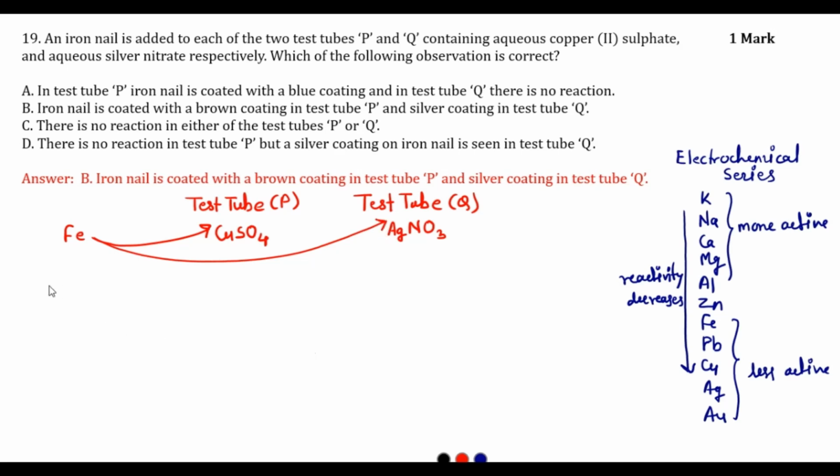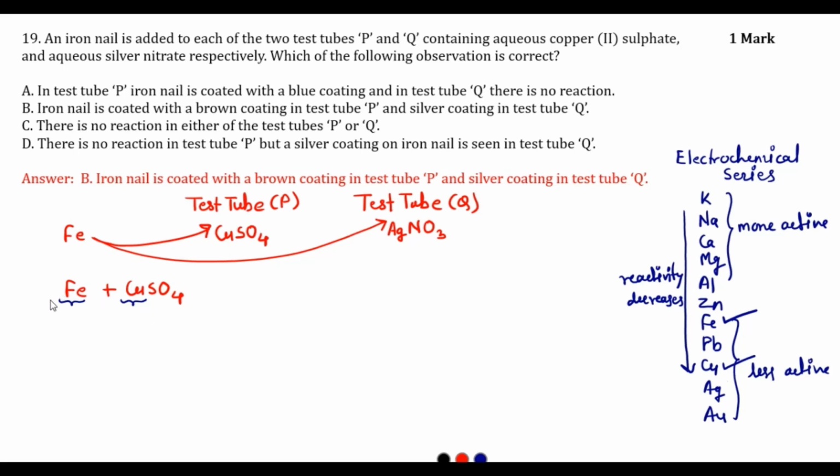We will write the reaction and see whether it is going to replace or not. So Fe plus CuSO4. Now see what happens. Here we have to compare iron with copper because these are the metals. In the series, iron is above and copper is below. So which is more active? Iron is more active and copper is less active.